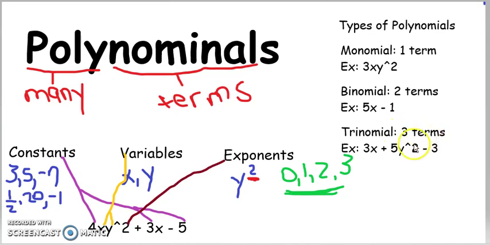Trinomial, 3 terms. An example here would be 3x plus 5y squared minus 3. We have constants, 3, 5, 3, variables, x and y, and we also have an exponent, which is 2.